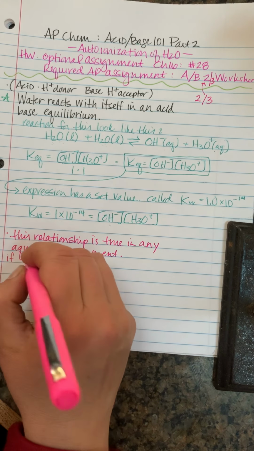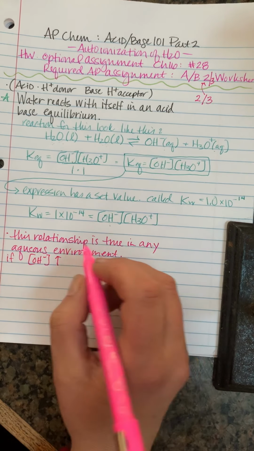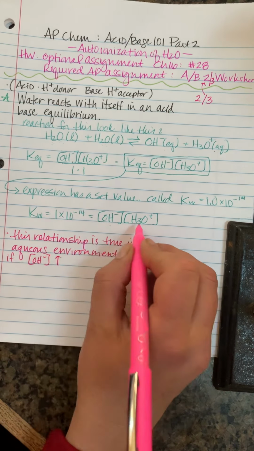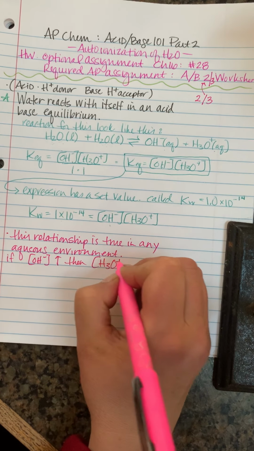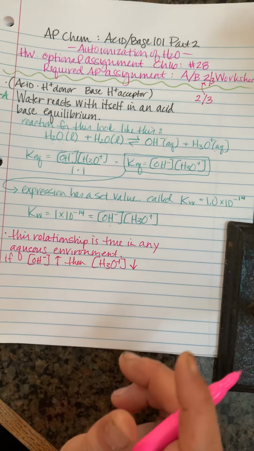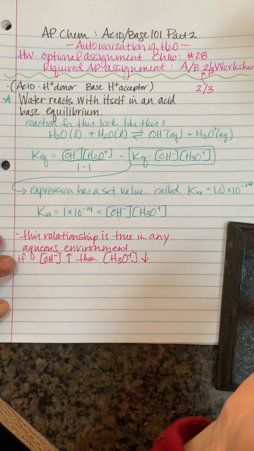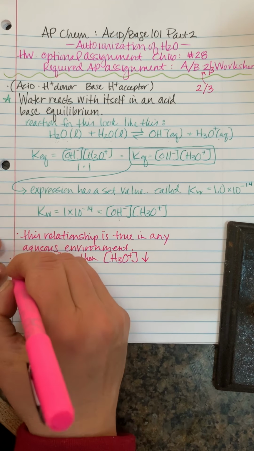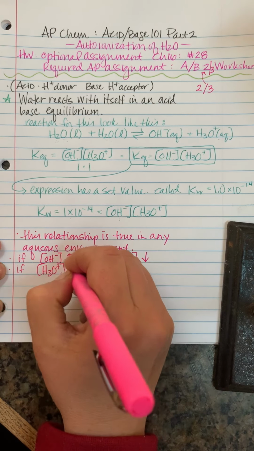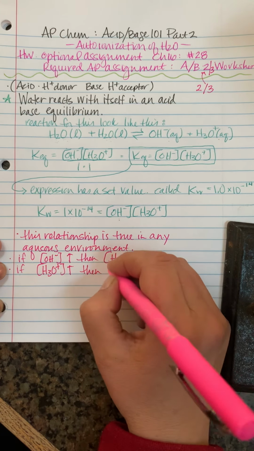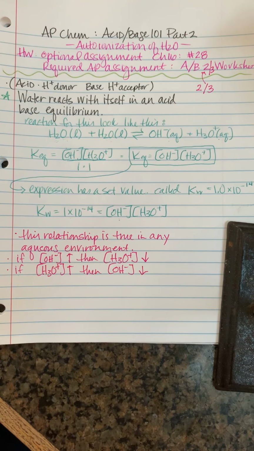So if the concentration of the hydroxide is increased, then to keep this number constant, the hydronium concentration will go down. And that's an application of Le Chatelier's principle. Okay, and then likewise, if the concentration of the H3O plus is increased, then the concentration of the hydroxide will go down.